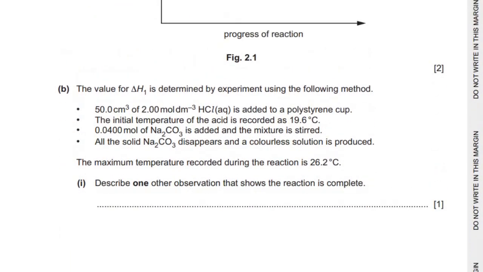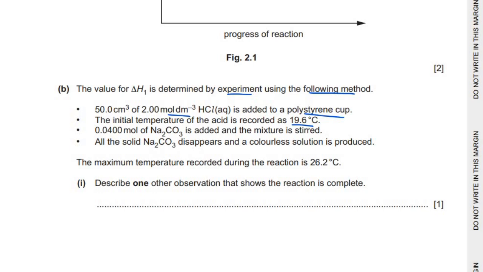The next question is, the value of delta H1 is determined by experiment using the following method. 50 cm3 of 2 mol per dm3 HCl is added to a polystyrene cup, and the initial temperature is recorded as 19.6 degrees Celsius.